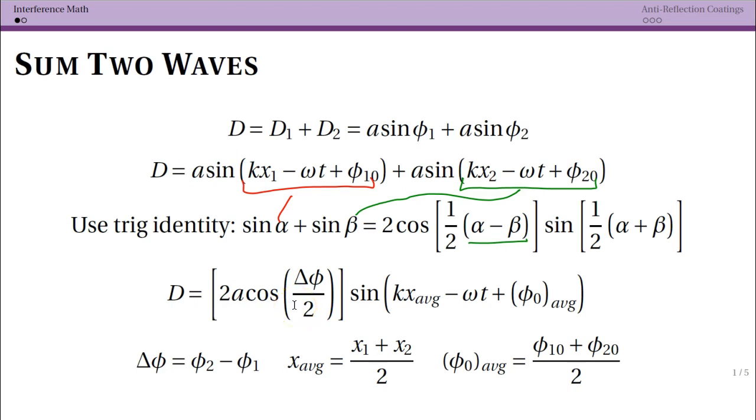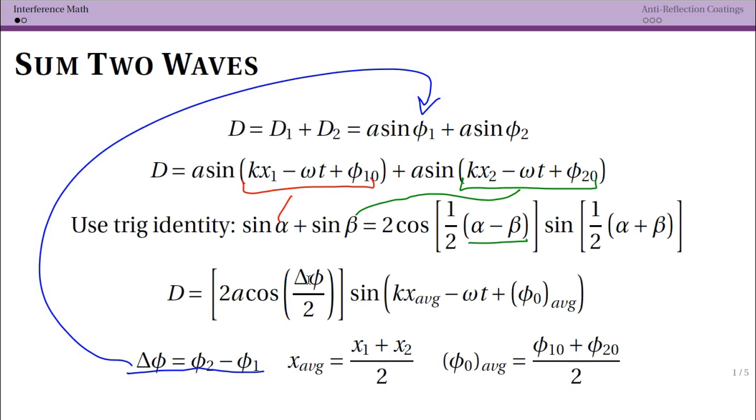Notice that it is delta phi over 2. In this case, this is not just our initial phi. This is the total phi. I think this is a little bit tricky. Remember that this is coming from these, and that's what is up here. But when you subtract these, omega t falls out.